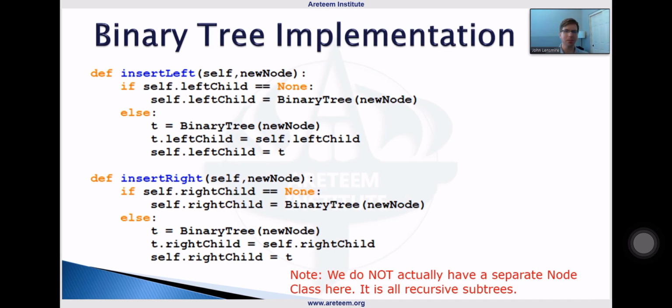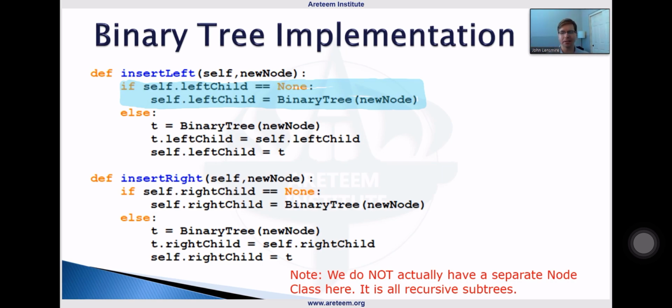So just to highlight the beginning portions of these: if there's no left child, you just create a new left child. Again, it's a subtree, so you create a new binary tree with the value you're looking for.